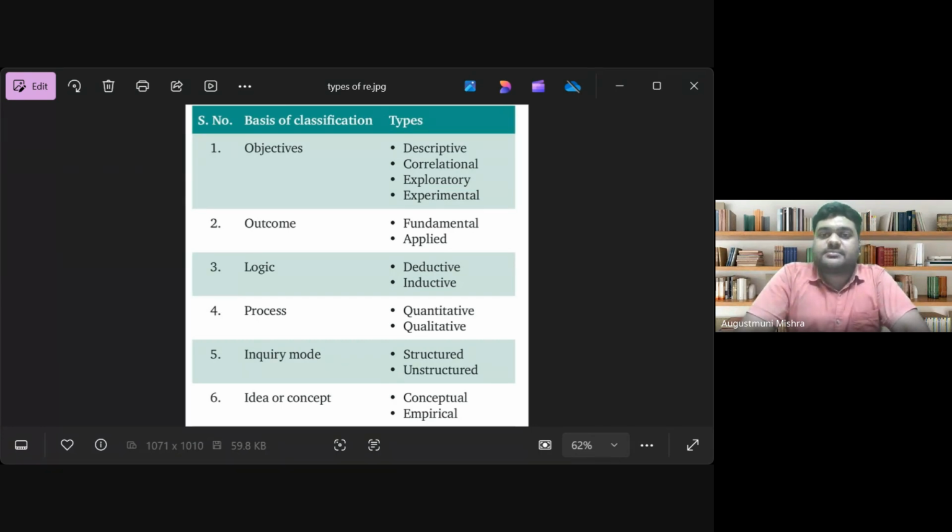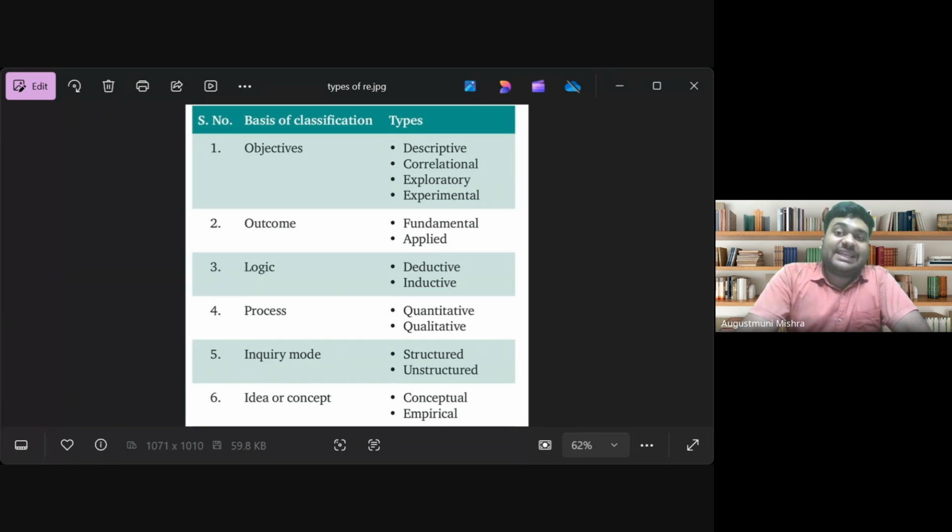Like if the observer is present in the particular surrounding and the respondent is not able to give an accurate answer, that effect is called the observer effect.